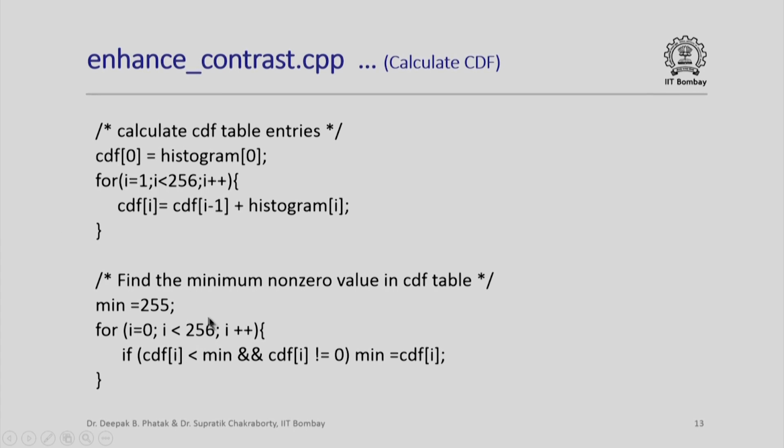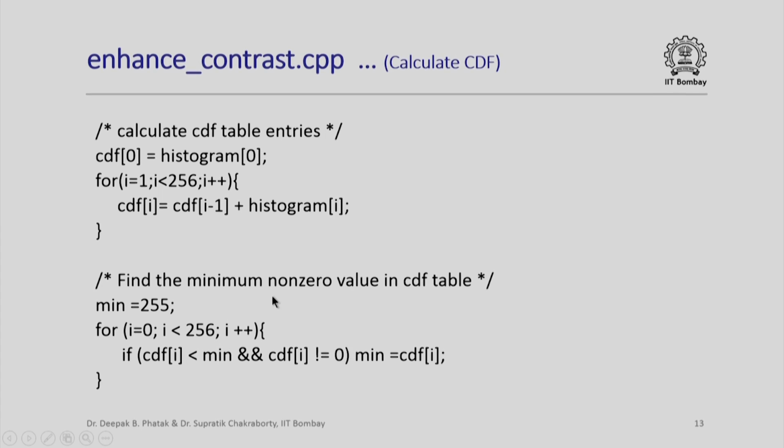Now, I find the minimum non-zero value in the CDF table. You remember that this is required in the formula for calculating the mapping of an old value to a new value. I start with a minimum value of 255, which is actually the maximum value, scan the entire array of CDF and find out its minimum.